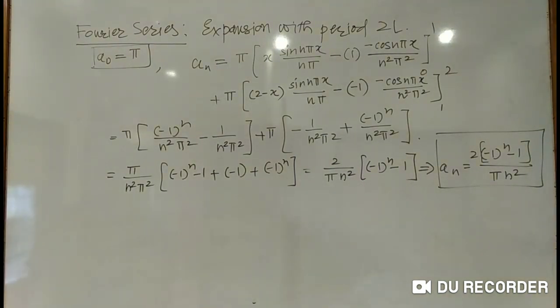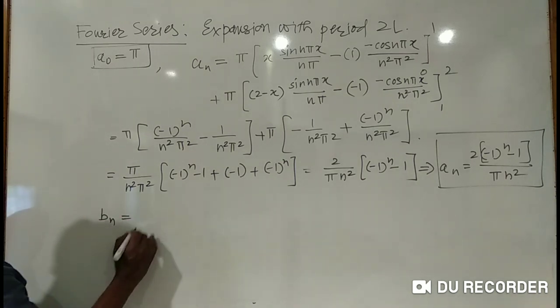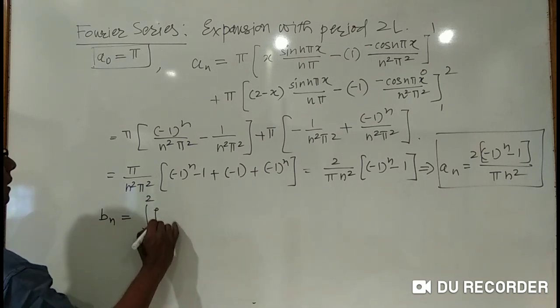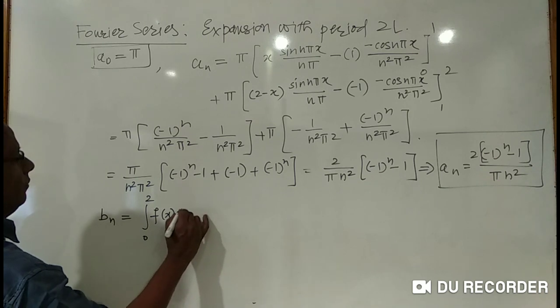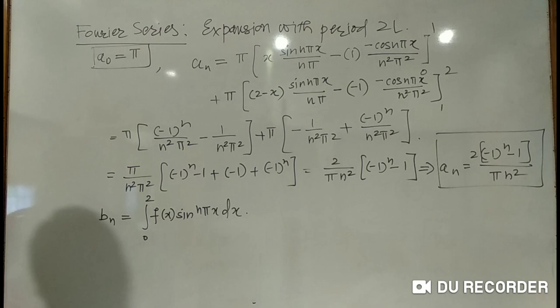Now we will calculate bn. bn equals 1 upon L, where L is 1, integral 0 to 2 of f of x sin of n pi x upon 1 into dx.